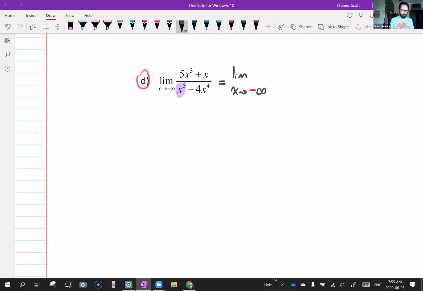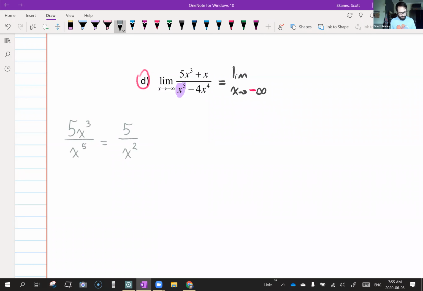What's 5x cubed divided by 5x to the 5? I will show you work. I'm just telling you, you don't need to show it yourself. 5x cubed divided by this x to the power of 5. Just subtract the powers. That gives us 5 over x to the 2.